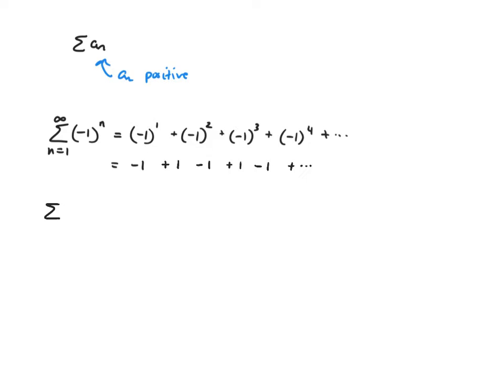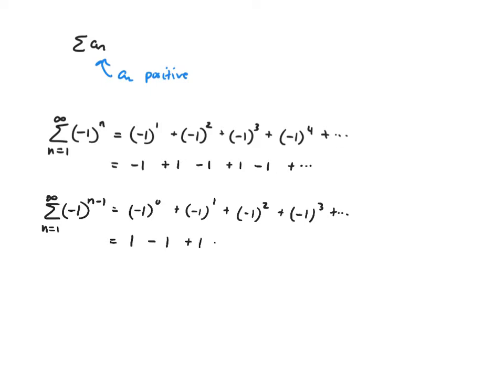Similarly, I can write the sum from n equals 1 to infinity of negative 1 to the n minus 1, changing it slightly. When I do that, I get negative 1 to the 0 plus negative 1 to the 1 plus negative 1 squared plus negative 1 cubed, and I keep moving up. This is identical to the previous series, except that the first term is a 1 instead of a minus 1, and then it alternates to a negative 1, a positive 1, a negative 1, and continues on in that fashion.